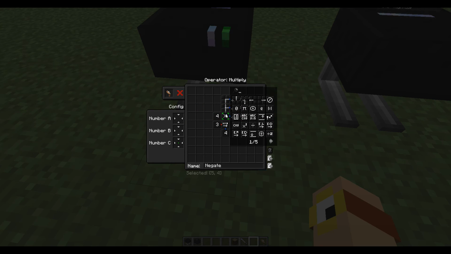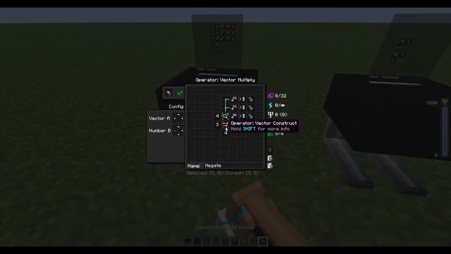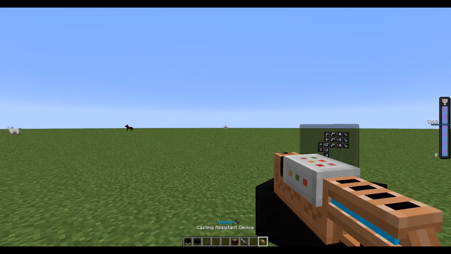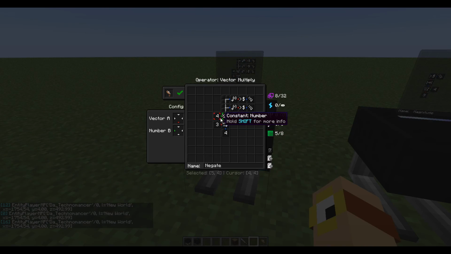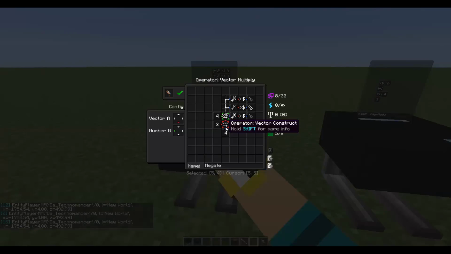Oh, that is multiply. I meant vector multiply. So vector and number. And this is just going to multiply every part of it by 4. So multiply 3 by 4, multiply 4 by 4, 0 by 4, but that doesn't matter. See? So it just multiplies the whole vector.